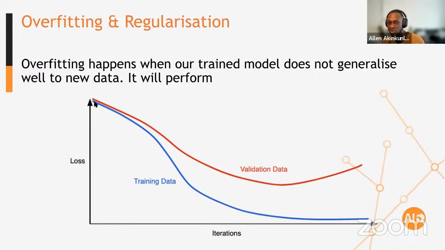So as your teacher trains you over time and keeps testing you with all those little tests, hopefully your performance improves and your loss, how poorly you do on the questions, keeps reducing as iterations go. So when you fit a model, you want to check its performance on your training data. Obviously, they test you internally, so typically you will do very well with time, if your training is done well.